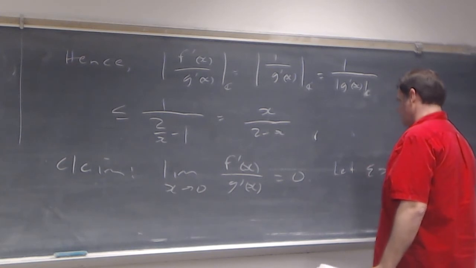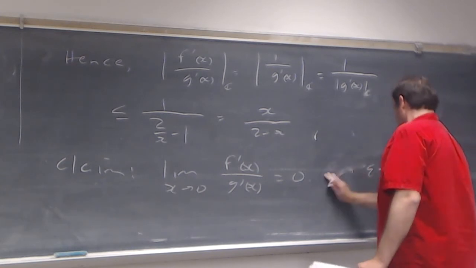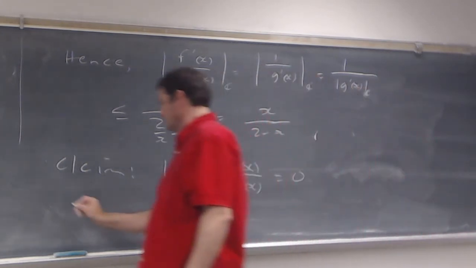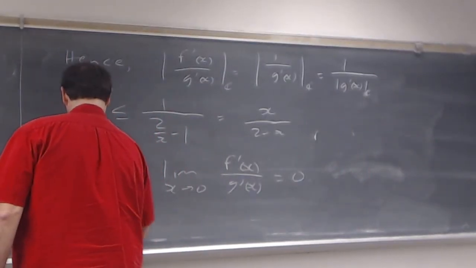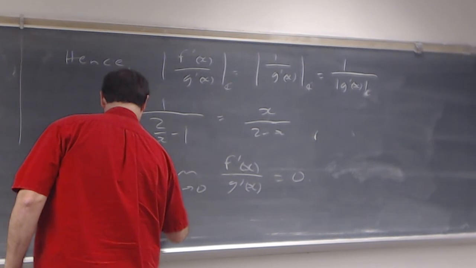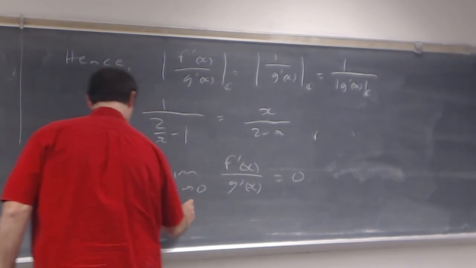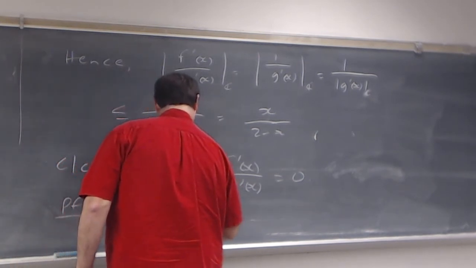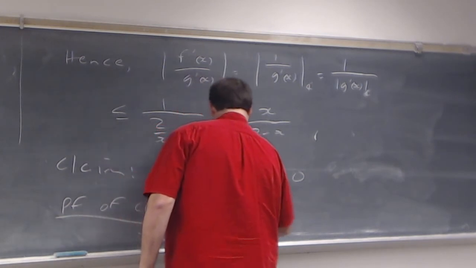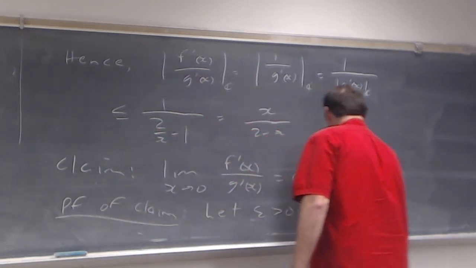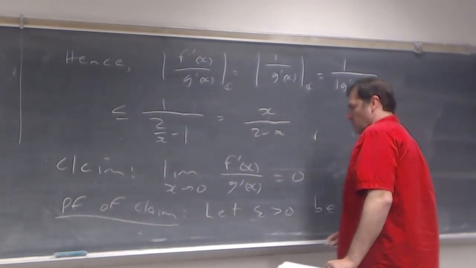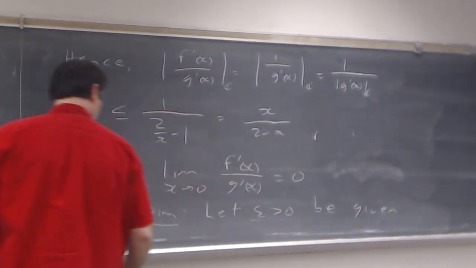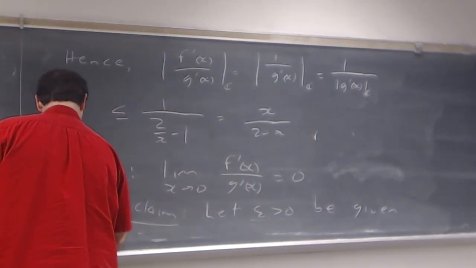We let epsilon be greater than 0. This is the proof of the claim. Let me write this down. Okay. We let epsilon be greater than 0 be given. Okay. And so we need a delta.